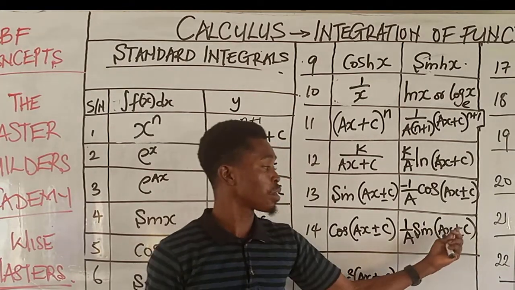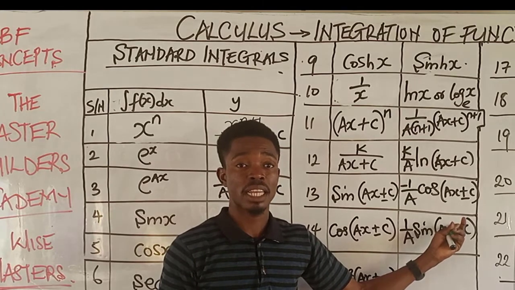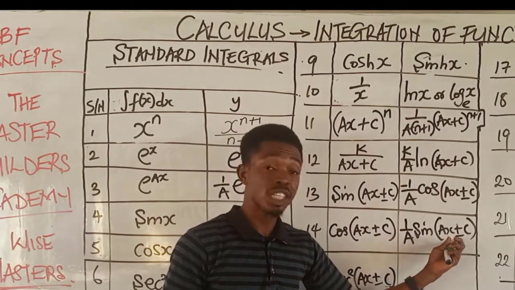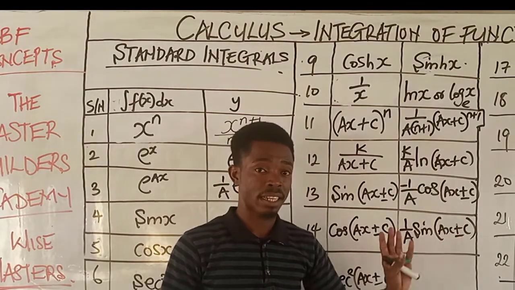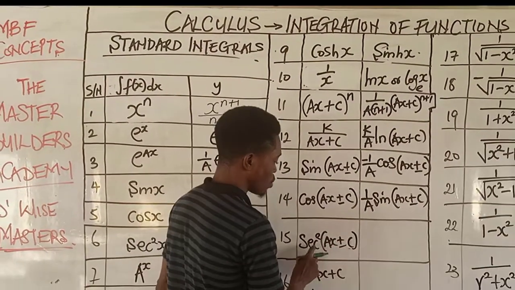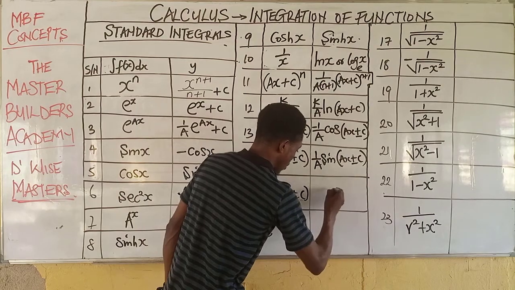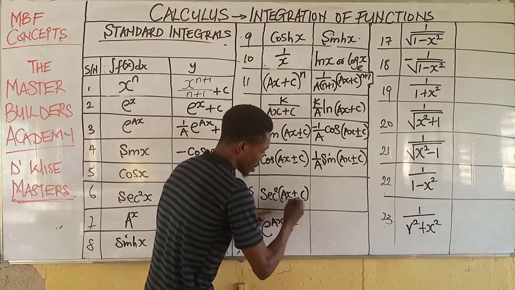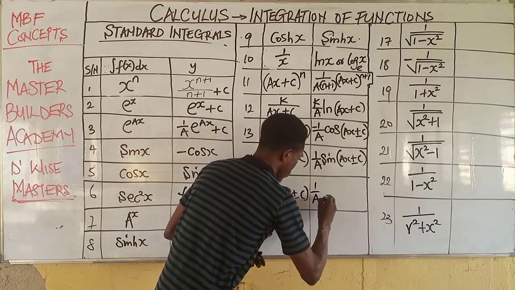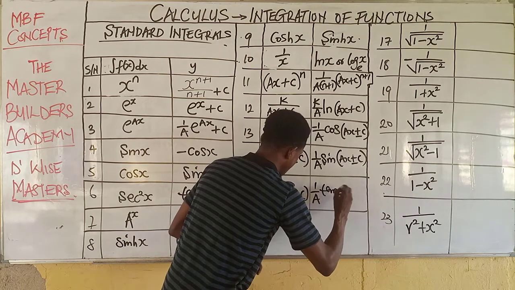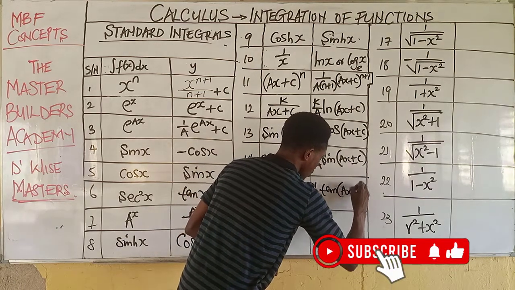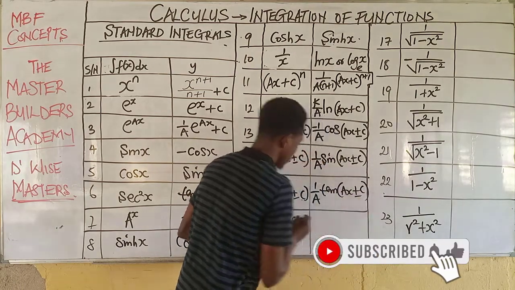So if you were given positive, you will have only positive sign there. If you were given negative, equally you will have only negative sign there. Now when we come to this end, when you integrate sec squared, you know that you have tan. Now this, when you differentiate this function, you have 1 over a tan ax plus or minus c.